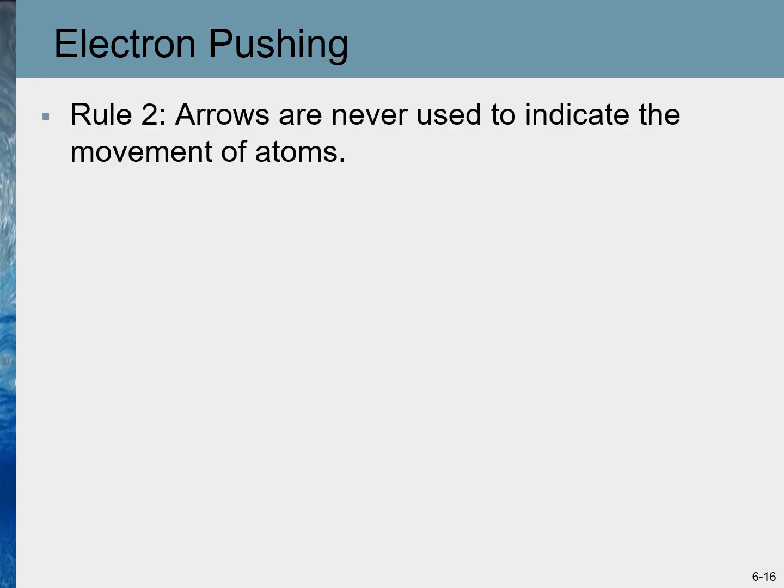Rule number 2 is that arrows are never used to indicate the movement of atoms.